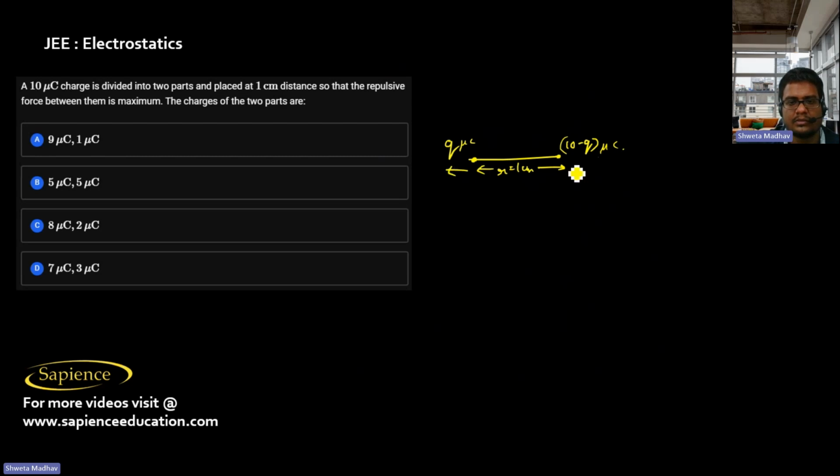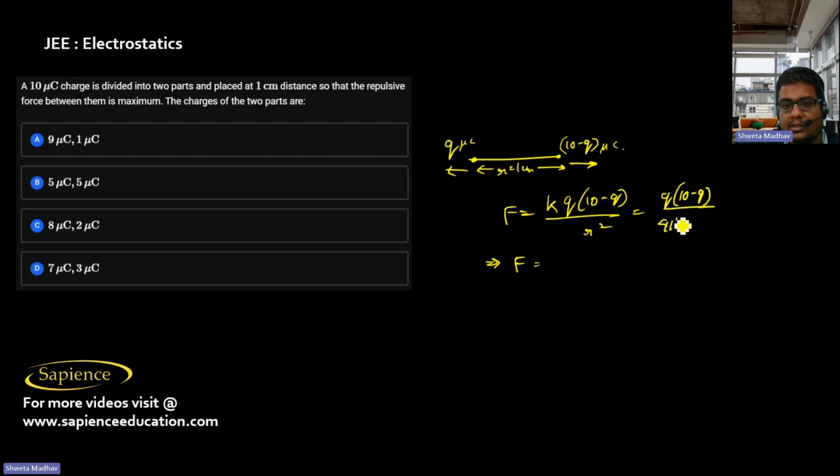So the repulsive force between them is maximum. So the force will be equal to the magnitude of the repulsive force, that is k q1 into q2 by r squared. So the force is equal to some constant. This k by r squared will be constant only, meaning it is q into 10 minus q by 4 pi epsilon naught r squared.